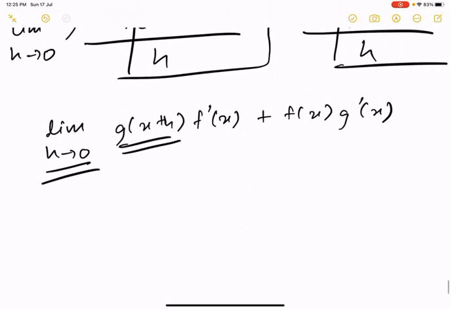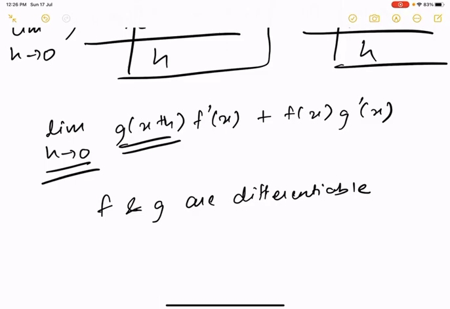Now here is one important fact that you need to understand. Starting of the question, we noted that f and g are differentiable. That is, differentiable means what? Left hand derivative, right hand derivative, everywhere they are equal.